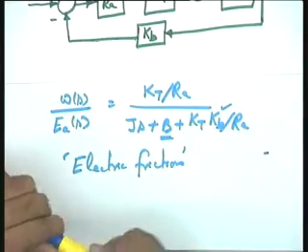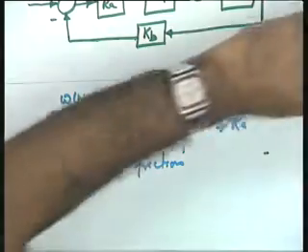Okay? And this transfer function I can now interpret in the standard form, this being a first order system. In the standard form, this is going to be equal to Km, the gain of the system, divided by tau m s plus 1, where tau m is the mechanical time constant, and that will turn out to be J divided by this quantity, which can easily be calculated. Okay?